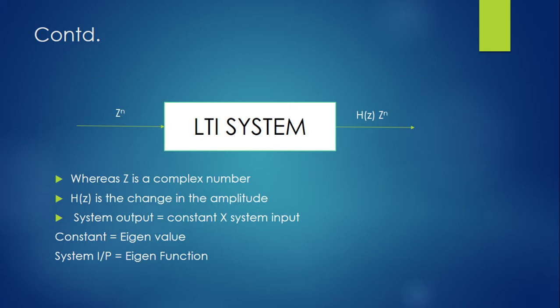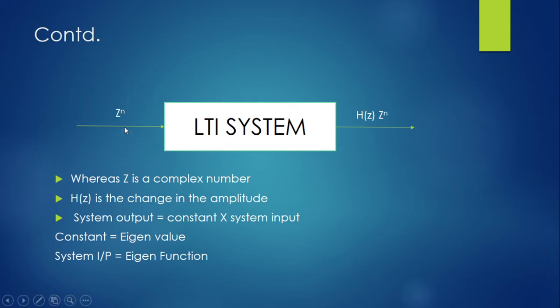Now see, to an LTI system you give an input z raised to power n, where z is any complex number. What you get as output is the same input multiplied by some constant. That may be the change in its amplitude.